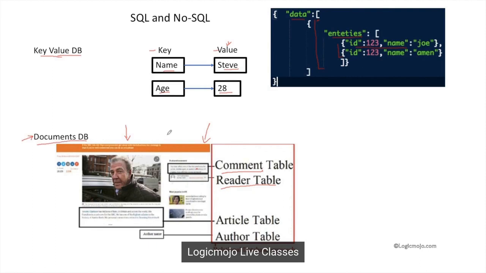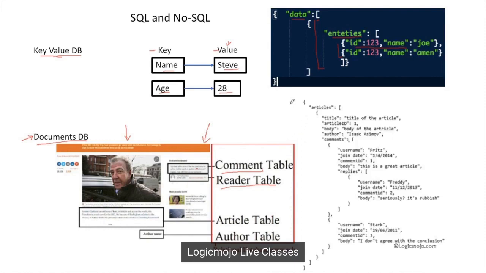In document DB, we have databases, then collections, and inside the collections we have documents. For example, consider this case. We always represent document DB as JSON. Here we have the article, and in that we have an array of articles.